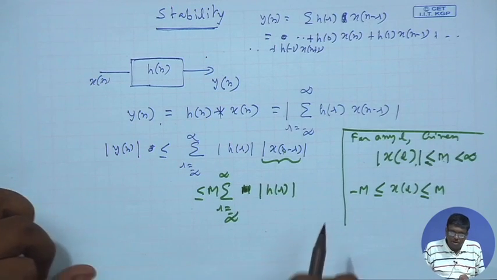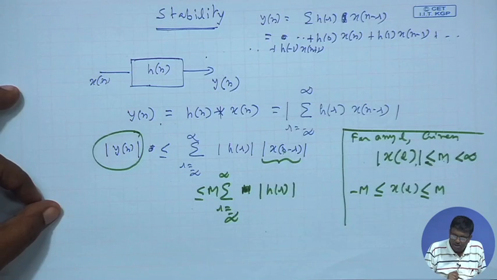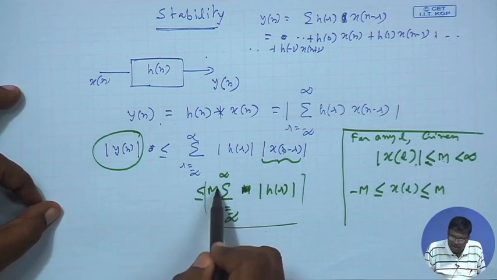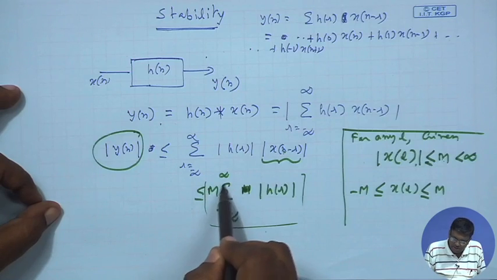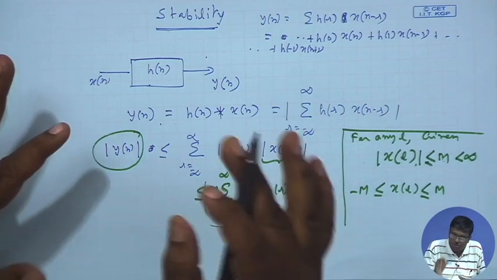Now, I want this summation not to shoot up to infinity. If I ensure that this side does not shoot up to infinity and M is finite, that means this summation, which is an infinite summation, though there is a risk that it might shoot up to infinity, remains finite.